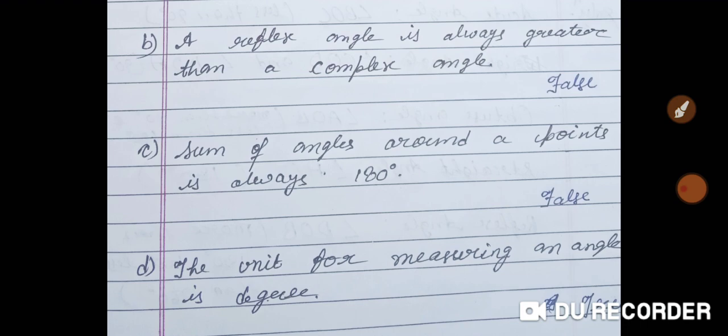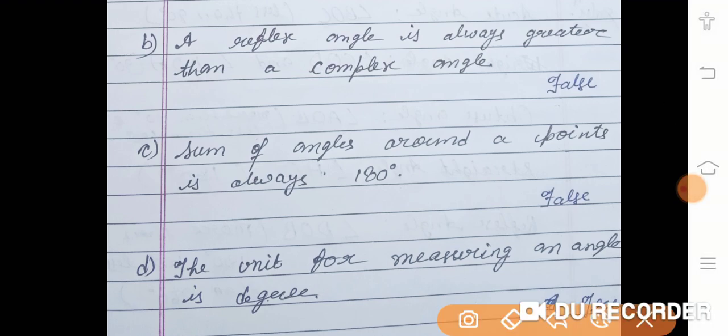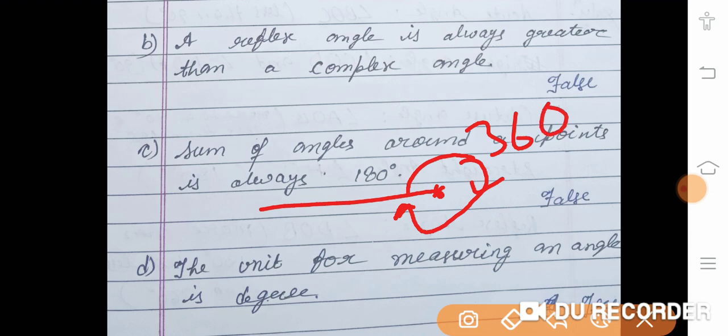Now see, sum of angles around a point is always 180 degree. It is also false. Why is it false, my dear? Because suppose it is a point, if we start from here and complete a circle, then how much angle will it be? 360 degree will form, not 180 degree. So it is false.